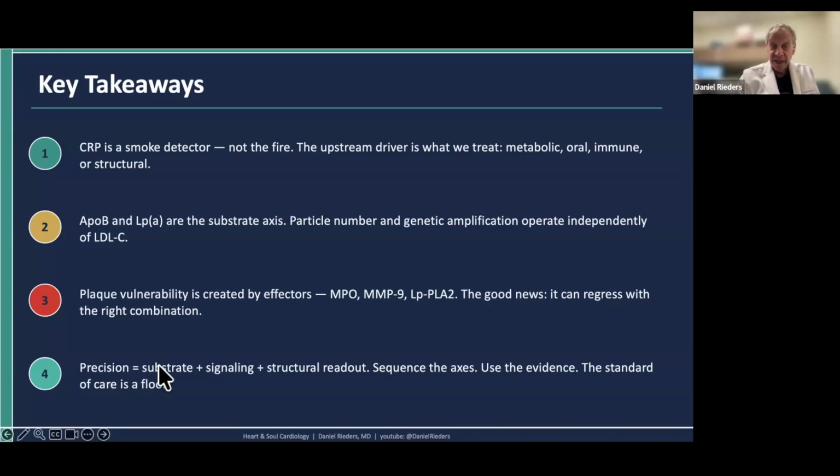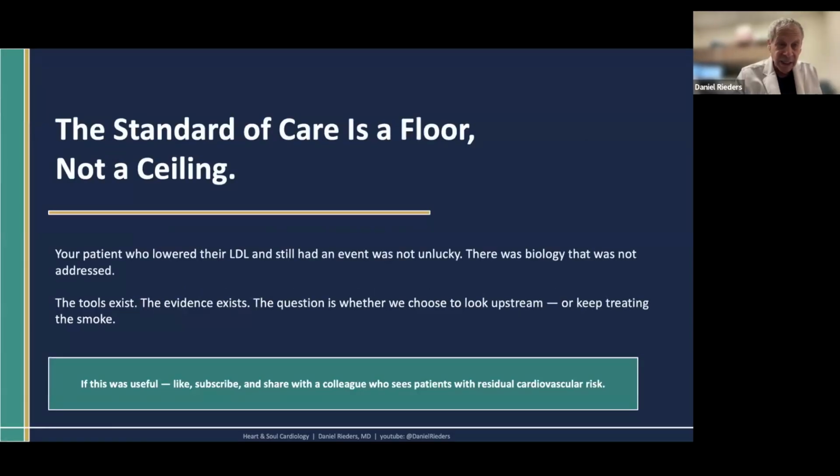That's why ordering an ApoB and HSCRP would be very minimal things that need to be done. So it's just not an unlucky patient. We have tools.